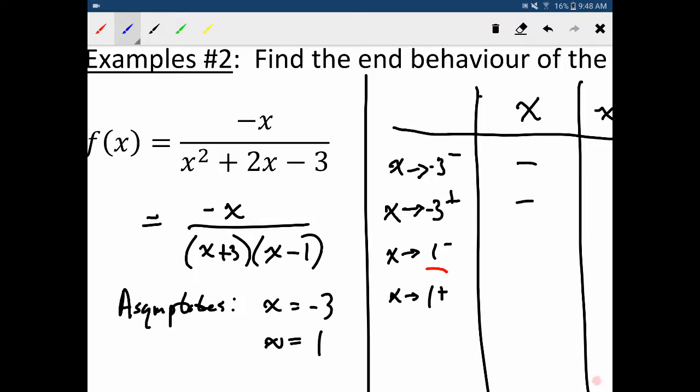You've got to factor it all up and find out where your asymptotes are. So our asymptotes are at negative 3 and positive 1, because as you can see, that would be a 0 for x plus 3 and a 0 for x minus 1. Now you'll notice that neither one of these conflict with the top, so we are A-okay, and we can just use those as our asymptotes.